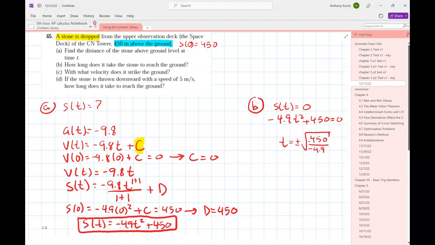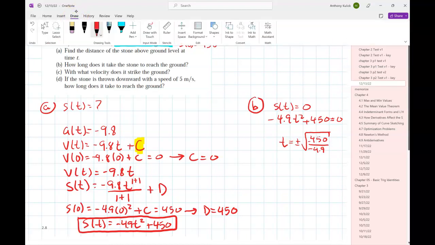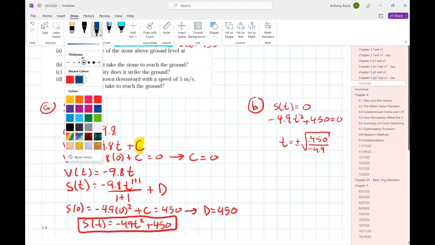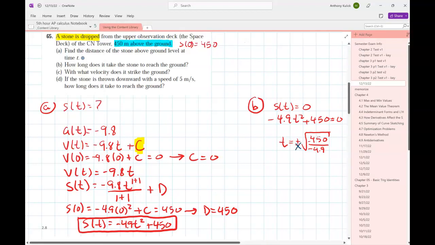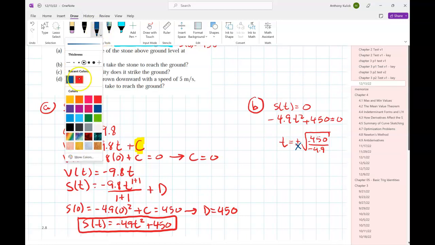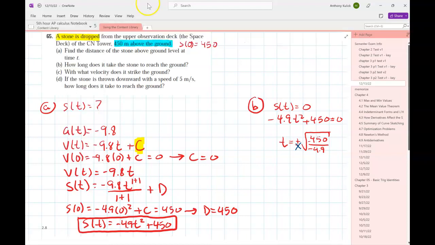So I have plus or minus the square root of 450 divided by 4.9. And again, I know that in this context, time really needs to be positive. So I can just drop that, and we'll just type this into our calculator.